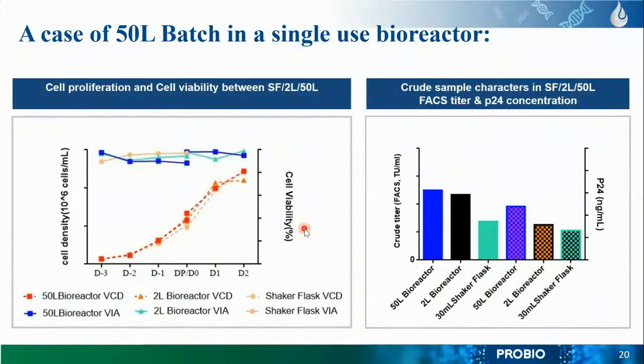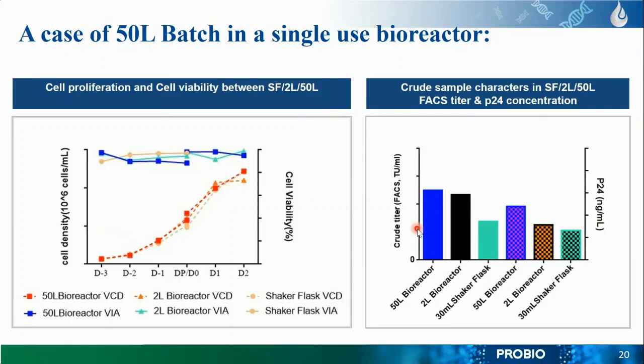All right, here on the 50 liters, a case of a 50-liter batch in a single-use bioreactor. And here, again, 2 graphs, and you can see the crude titer when it's 50 liter, 2 liter bioreactor, and 30 ml shaker flask, which we have measured with P24 and the crude titer as well.